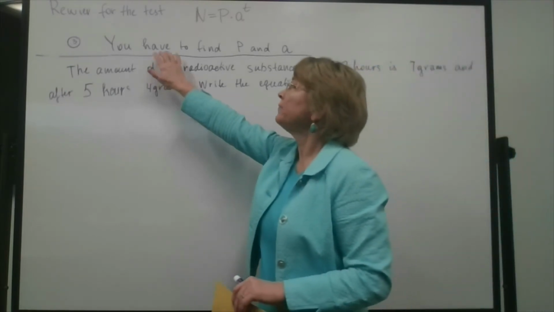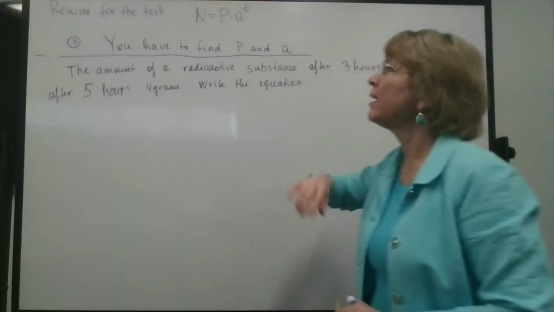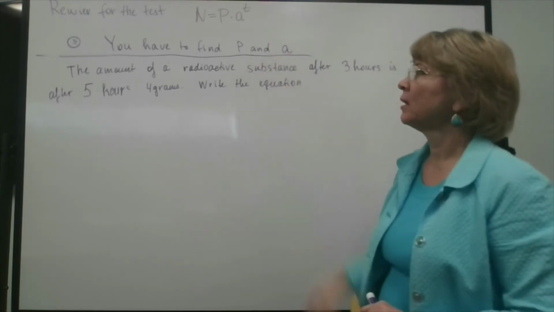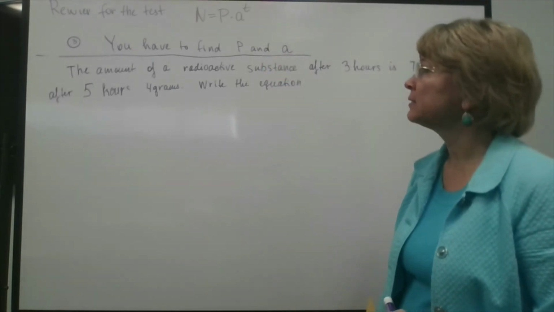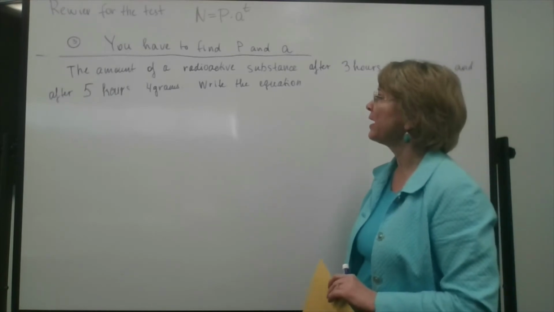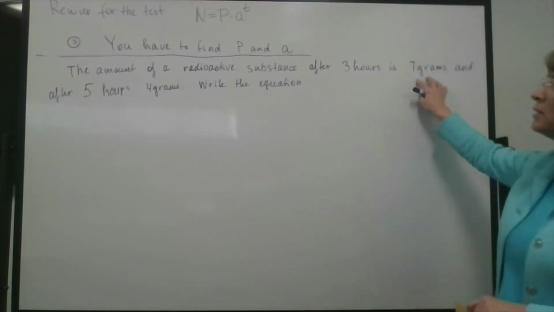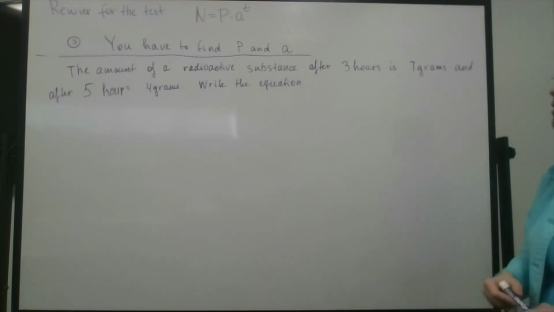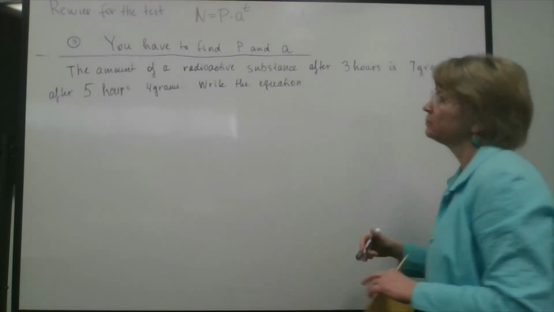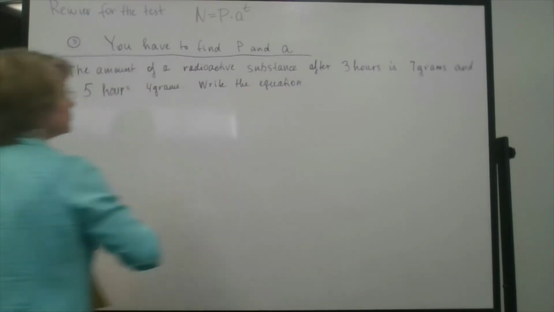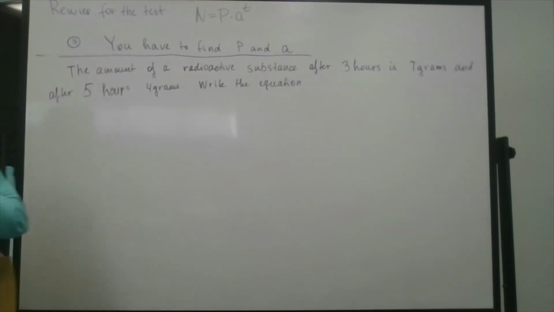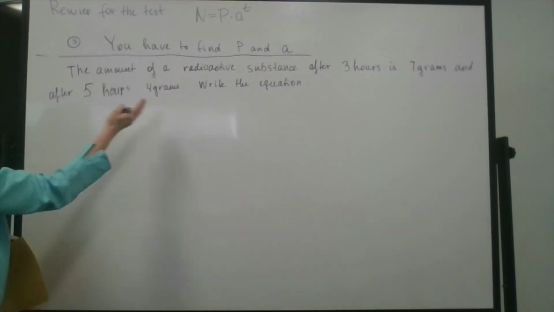It's when you have to find an initial value and a factor. The problem is the amount of a radioactive substance after 3 hours is 7 grams and after 5 hours 4 grams. Write the equation.